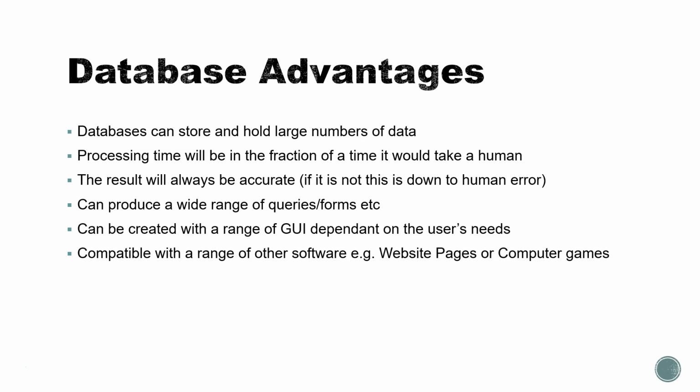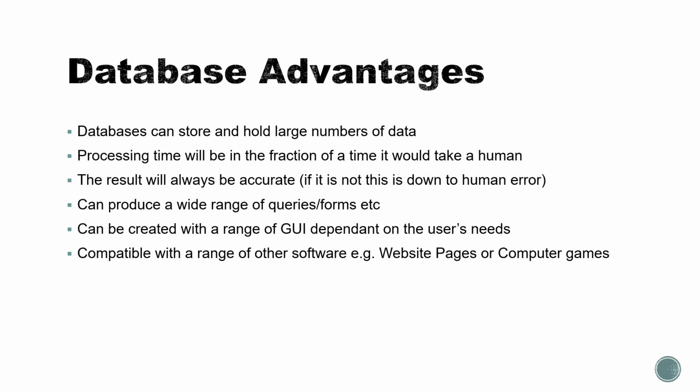Processing time is a fraction of what it would be for a human. You're talking milliseconds as opposed to the human. So if you're running a query, it will generally give you a result very quickly. Whereas if you are a human, you're going to have to thumb through all of your results to finally get there, which could take you hours, and days, years sometimes, I guess, to get some kind of result from it.